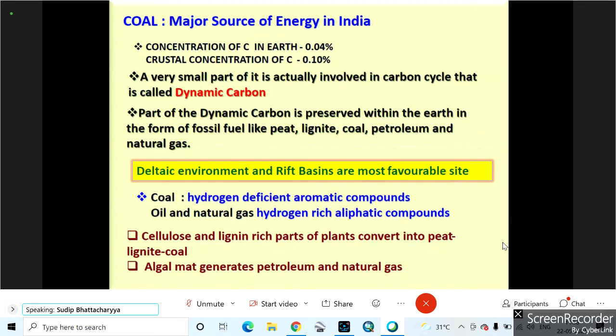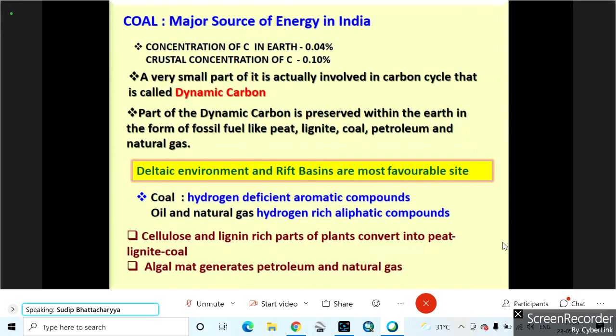I am from solid fossil fuel, and GSI obviously is not dealing with the liquid fossil fuel, that is petroleum. But as it is a hydrocarbon topic here, we should not avoid petroleum. We should take some things from the research work, what they are doing regarding oil and natural gas. So before going to that, from the solid we are just starting.